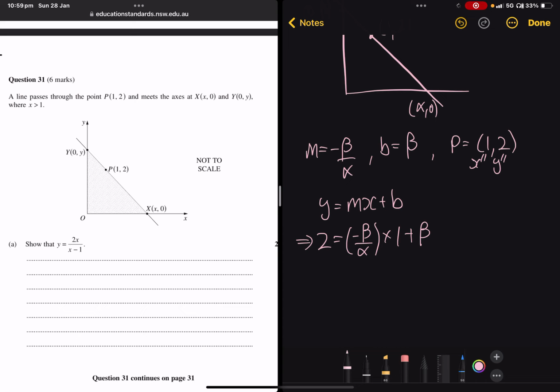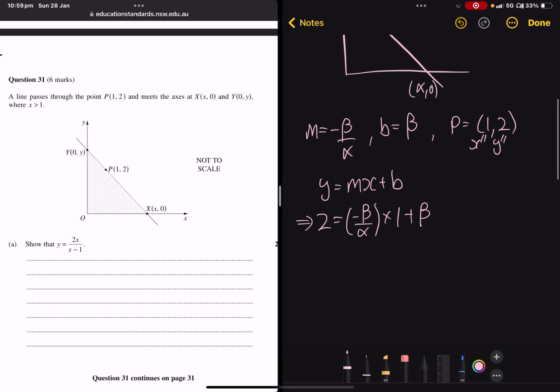Now I need to solve this. Remember, alpha is my x value, beta is my y value. I need to solve this for beta. If I multiply everything by alpha, 2 alpha is minus beta plus alpha beta. Factorize beta, I get beta in front of alpha minus 1.